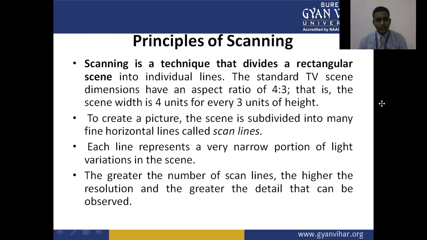So if our number of scan lines is greater, the resolution is also higher. So they are directly proportional to each other.